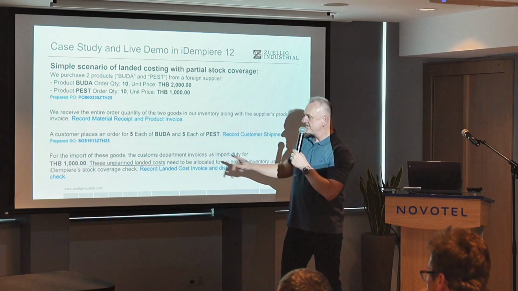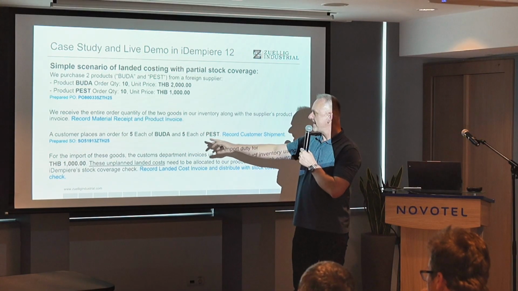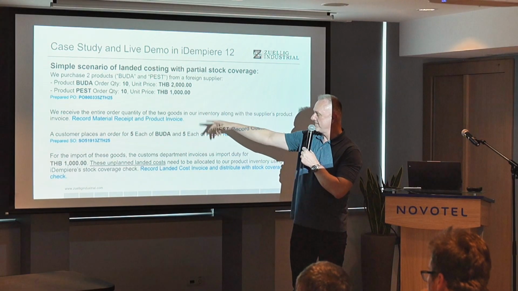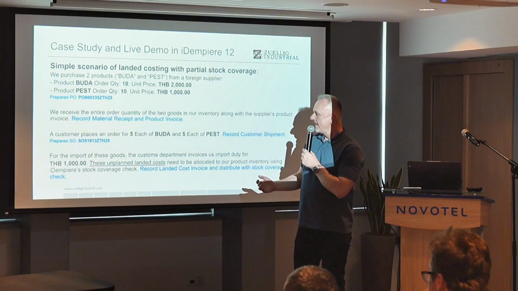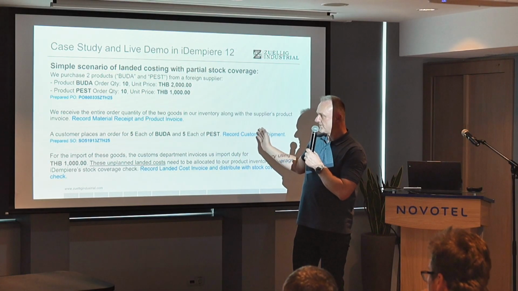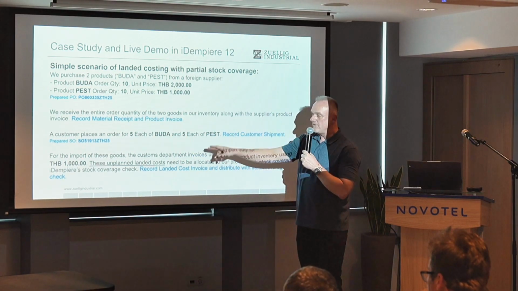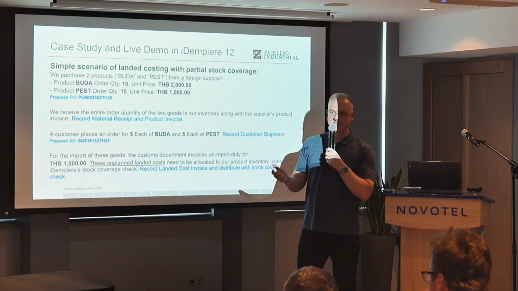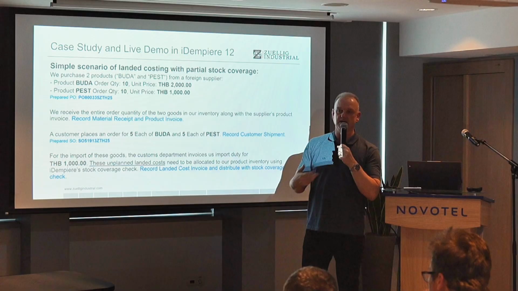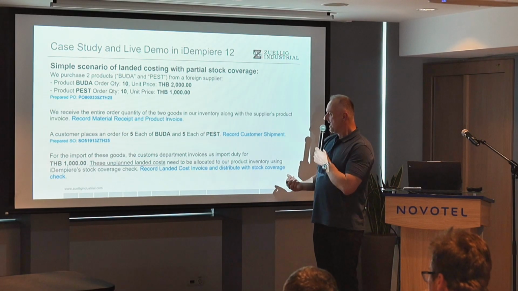But then what happens is a customer places an order, and we are selling 5 of these, so half of them each, and we are recording our cost of goods sold, and we issue an invoice to the customer. I prepare already a sales order there. Then I receive my landed cost invoice, so my import duty or whatever it was that caused me additional expenses to bring in the products into the country.